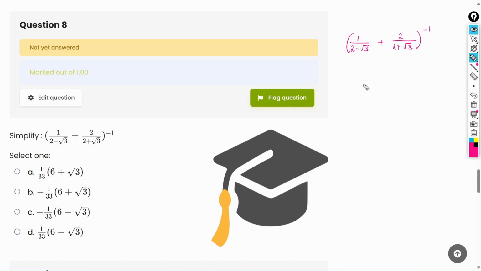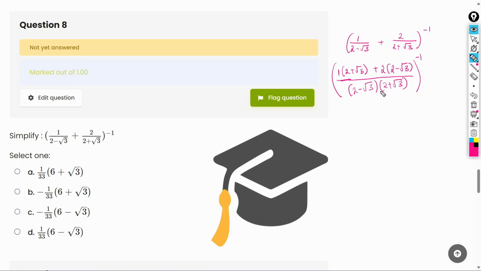I'll get the LCM of the denominators, which is the product of the denominators, 2 minus root 3 and 2 plus root 3. When I divide and multiply, I have 1 multiplying 2 plus root 3, plus 2 multiplying 2 minus square root of 3, and then all of this raised to the power of negative 1.